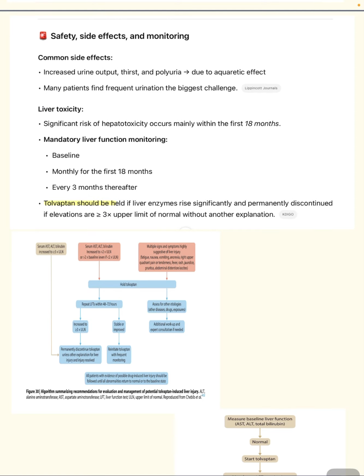Hepatotoxicity and monitoring. We know that liver injury is the most serious effect. So, mandatory liver function test monitoring is needed: baseline, monthly for the first 18 months, then every 3 months.